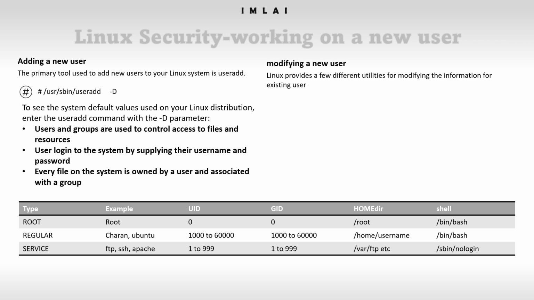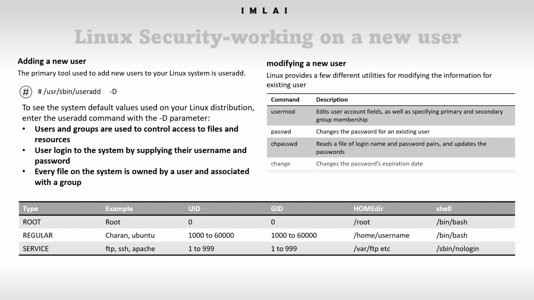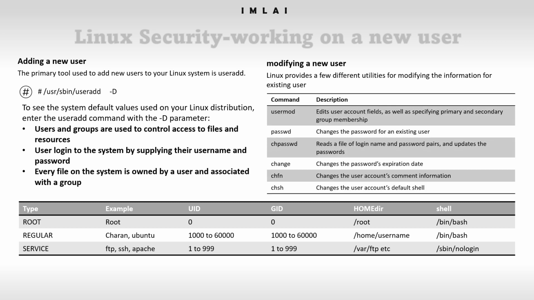So now, modifying a user. Linux provides a few different utilities for modifying the information for an existing user. These utilities begin with usermod. usermod edits user account fields as well as specifying primary and secondary group membership.